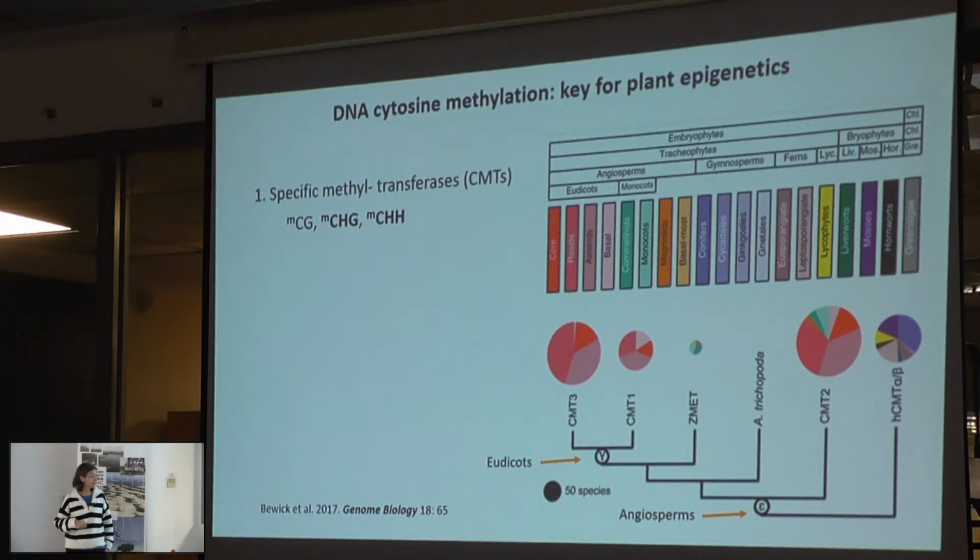In this study, they analyzed the genes for these enzymes in more than 400 species, and here is the proportion of species that have different chromomethylases. You can find, for instance, that chromomethylase 3 and 1 are specific to eudicots. So there is a long evolutionary record and relevance of methylation in plants.